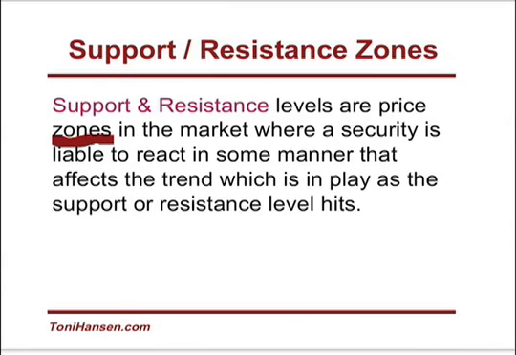A lot of people will think, well, there's a Fibonacci resistance level at, let's say, 1.0780 on the USD CHF pair. Well, that might be an exact price point that is serving as resistance, but that is actually going to be a zone. And how quickly or gradually that zone hits is often going to determine how well it holds.